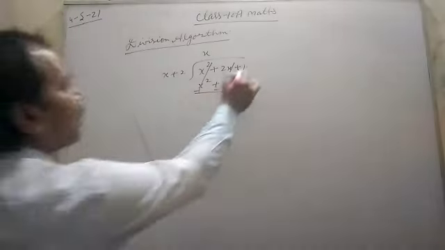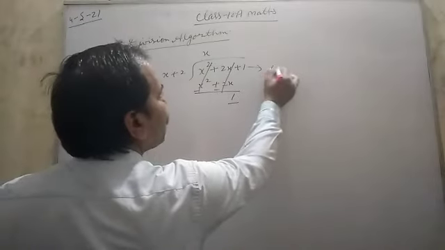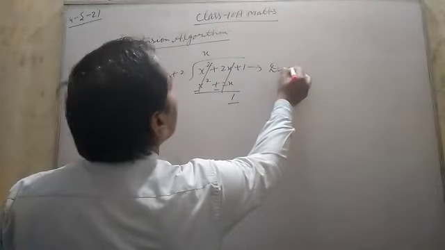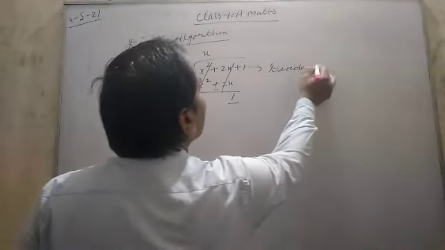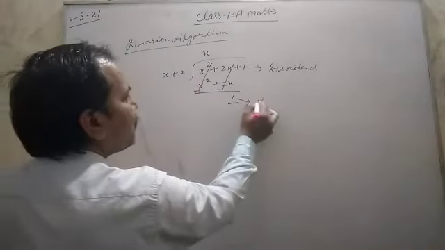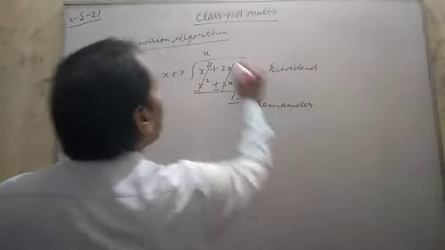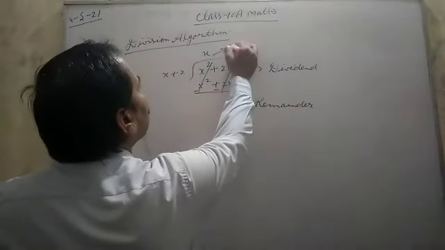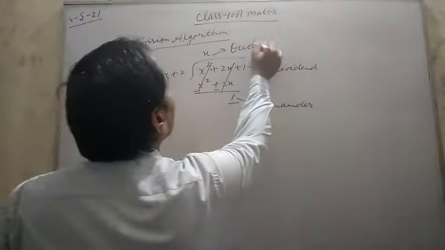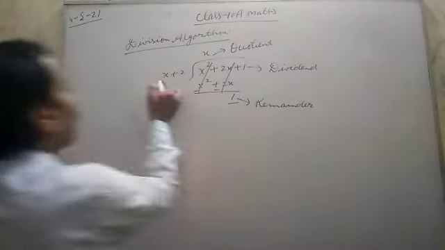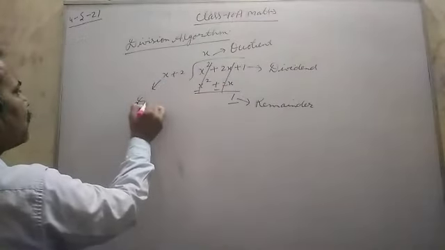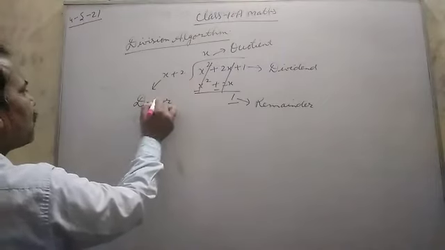So here this is the dividend, this is the remainder, this is the quotient, and this is the divisor.